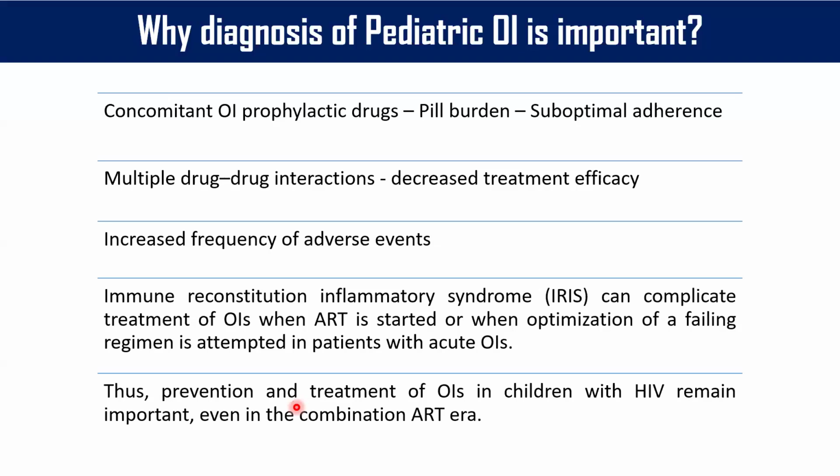With more drugs, there is more interaction and the treatment efficacy may be decreased. And with more drugs, there is an increased frequency of adverse events which may be overlapping. And we all know IRIS can complicate treatment of OIs, especially when ART is started early, or when optimization of a failing regimen is attempted early before you treat an acute OI.